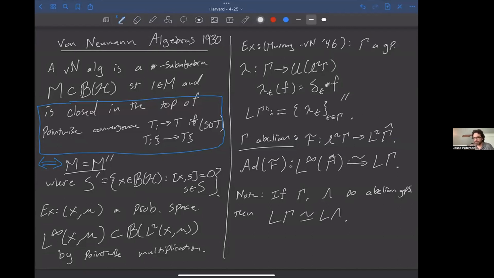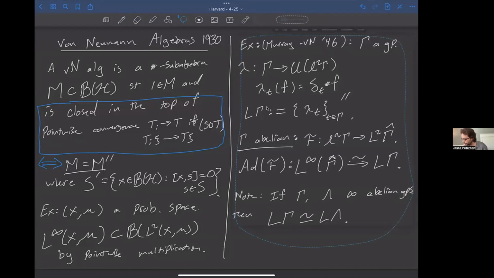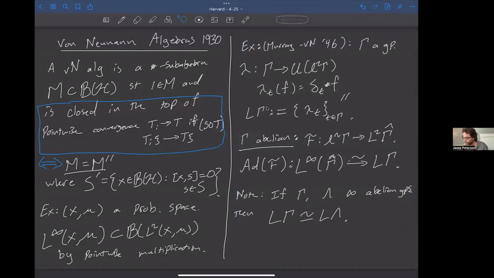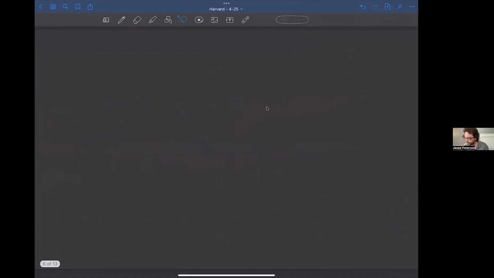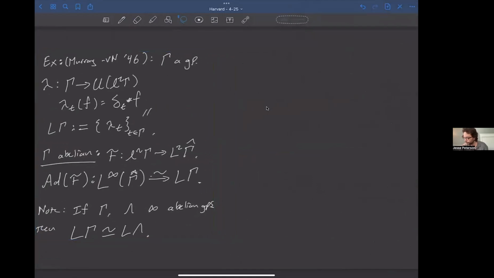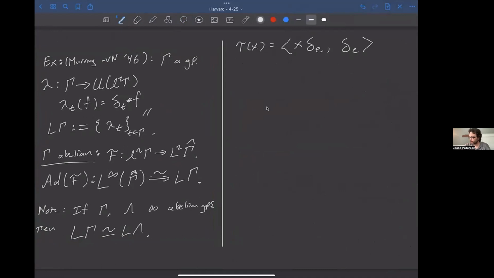So this is a particularly nice class of von Neumann algebras because they also have a nice property. They have a trace. So let me define what the trace is. We also have a trace on these von Neumann algebras, which is given by: you take x, apply it to the Dirac operator at the identity, and then take the inner product with the Dirac operator at the identity.